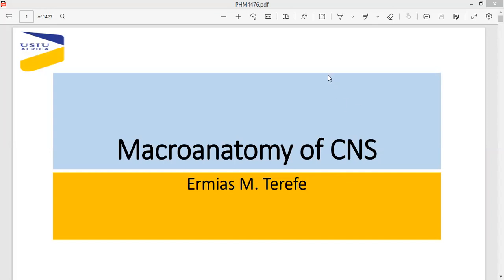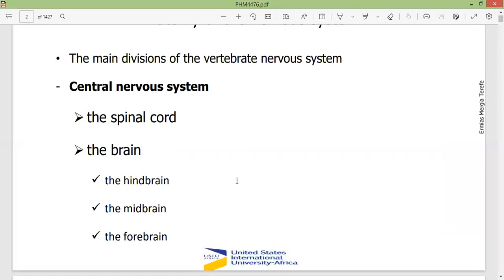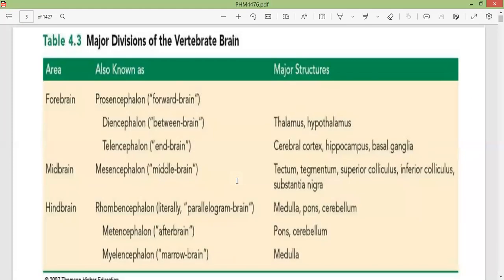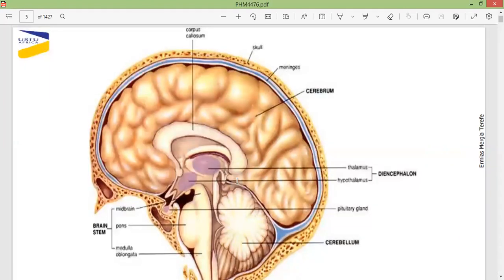Which are the two parts of the CNS? We have the brain and the spinal cord. Yeah, nice. So we'll start with the brain, and we look at the brief anatomy of the brain, then we'll go to physiology.